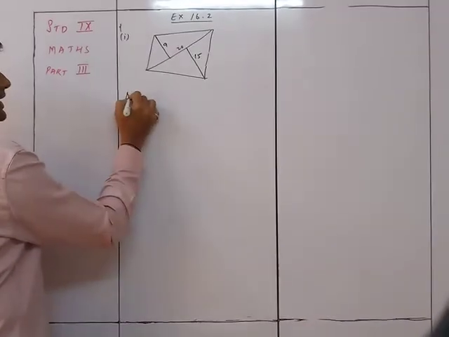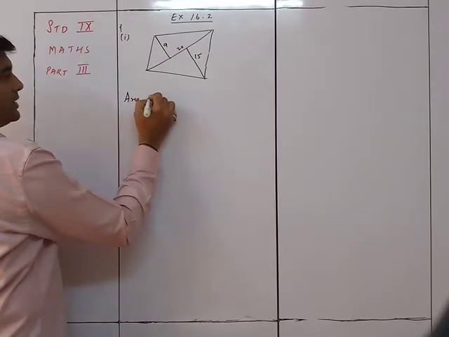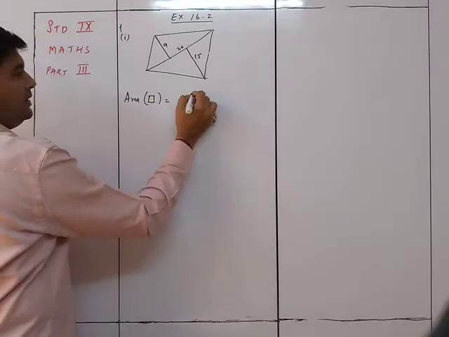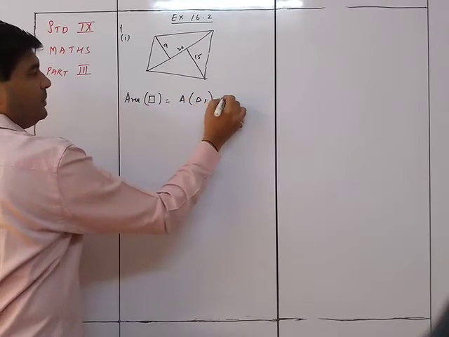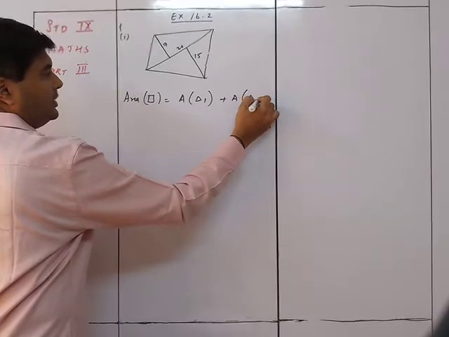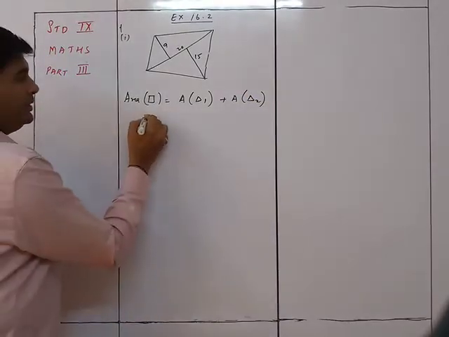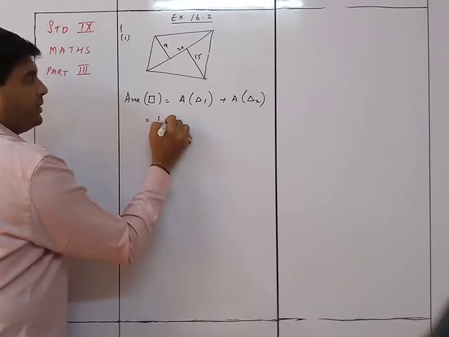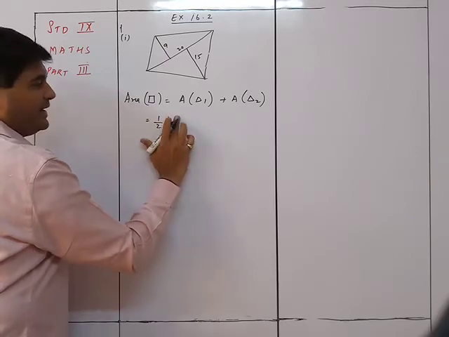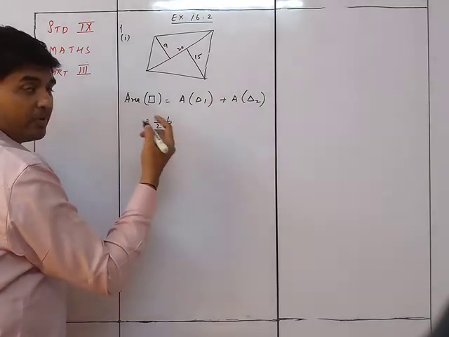So we know that area of quadrilateral is equal to area of triangle 1 plus area of triangle 2. That is half B into (H1 plus H2), so we can directly take the formula we had taken earlier.